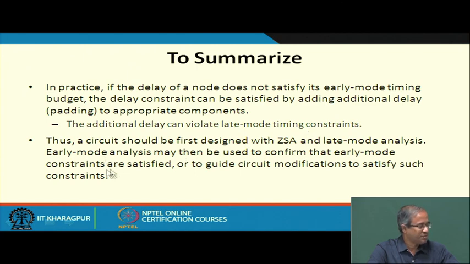So, what is normally done is that you first consider late mode analysis and design the circuit that way, and subsequently you use early mode analysis just to confirm that the early mode constraints are satisfied, because normally hold time constraints are not as serious as the setup time constraints. So, first you do the late mode analysis, then you see which of the early mode constraints are still getting violated, and try to tune the circuit netlist and address them.